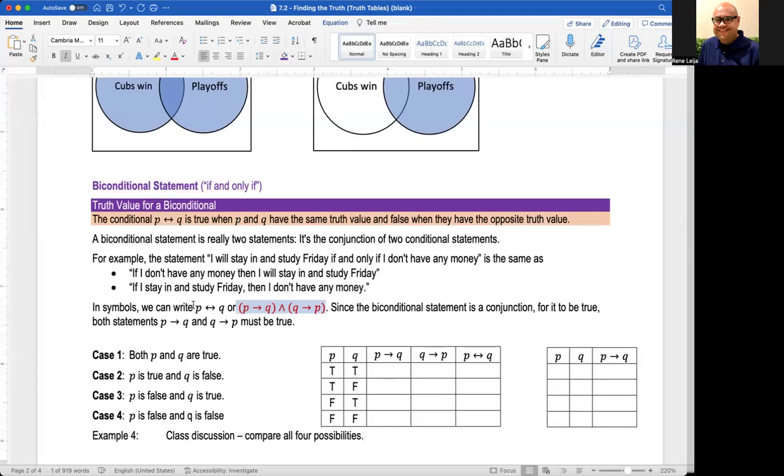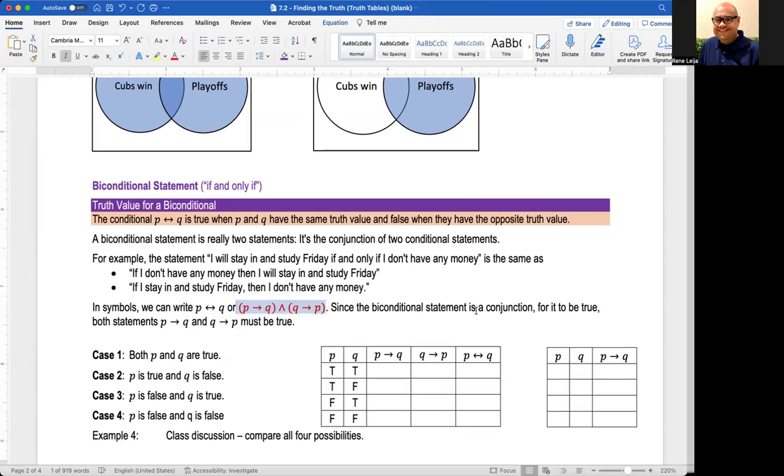Okay. All right. So in symbols, what this means is notice that this is the conjunction of two conditional statements, P then Q and Q then P. All right.